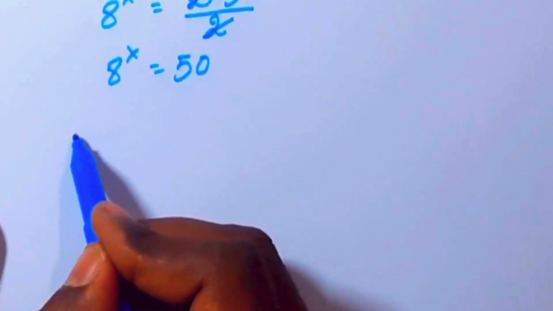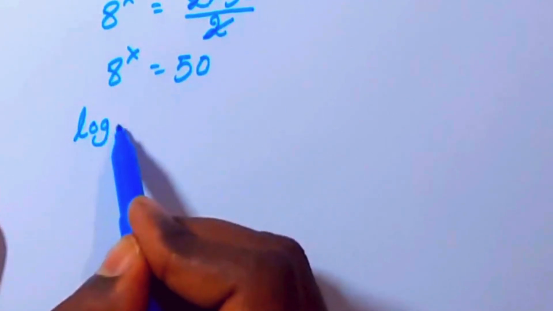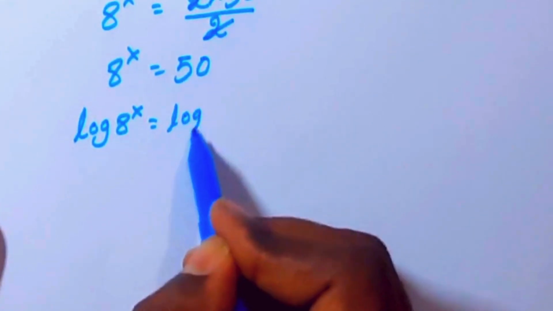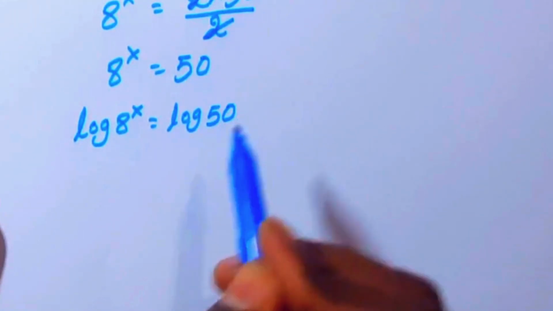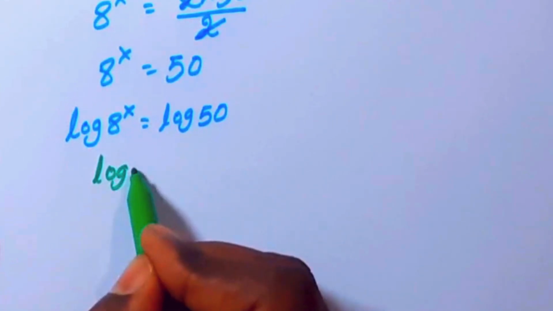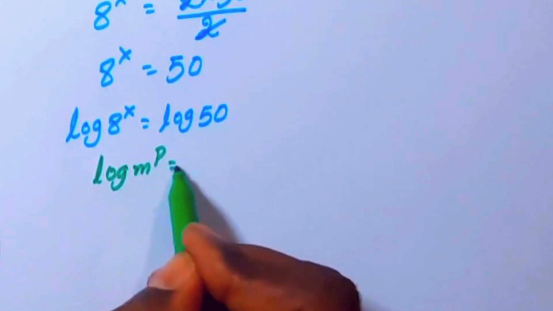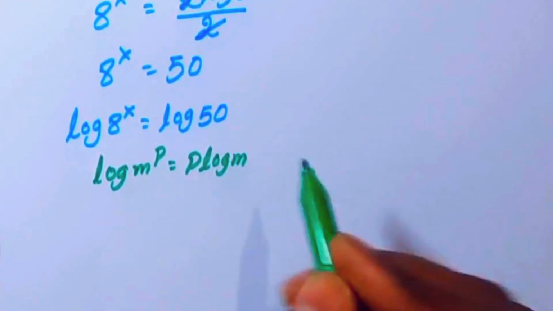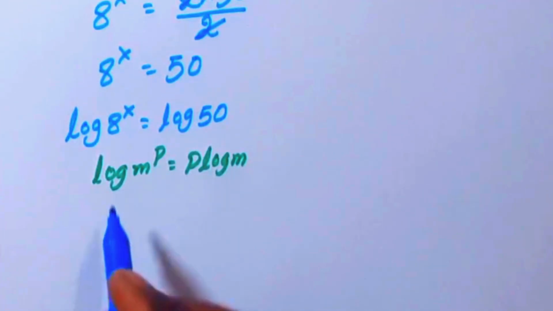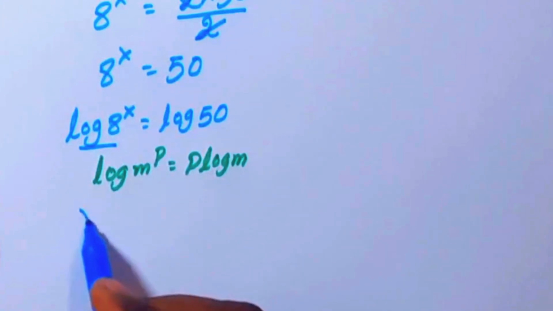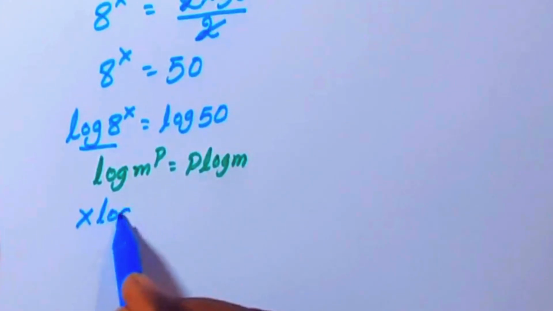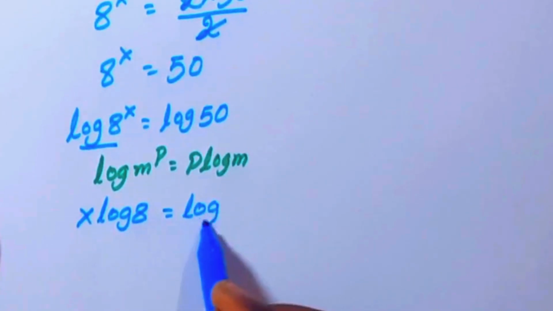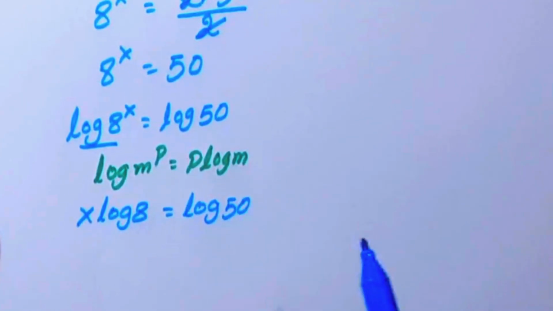Now take a log on both sides. Log 50. Log m power p equal to p log m. We are going to apply this here. So x log 8 equal to log 50.